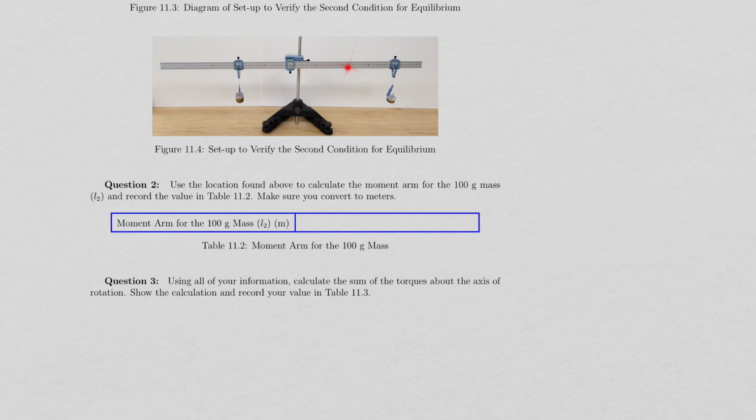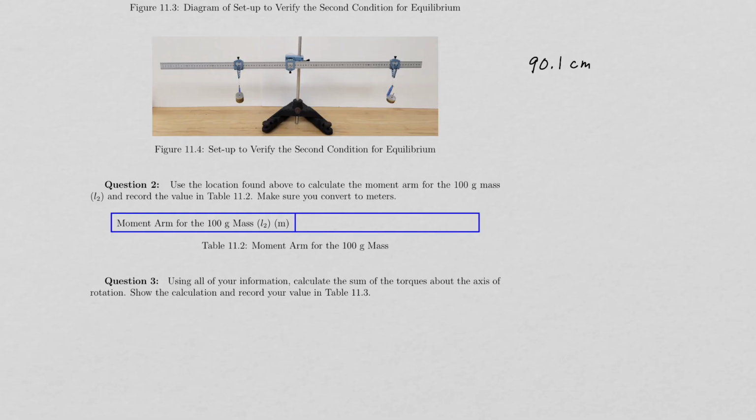So the meter stick is completely balanced. If you were in lab, the first thing you would do is locate that position on the right-hand side where it balances. I gave you this data in the Word document handout, but we're going to say that it balances at 90.1 centimeters.